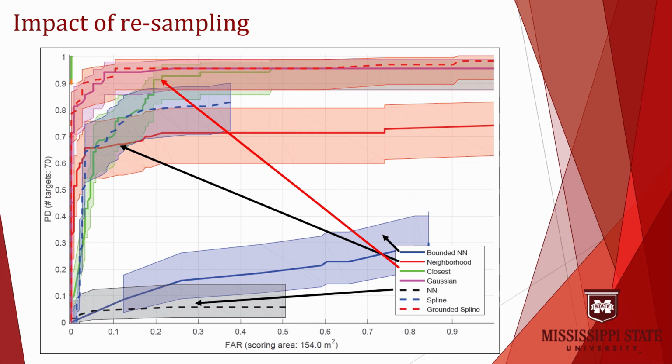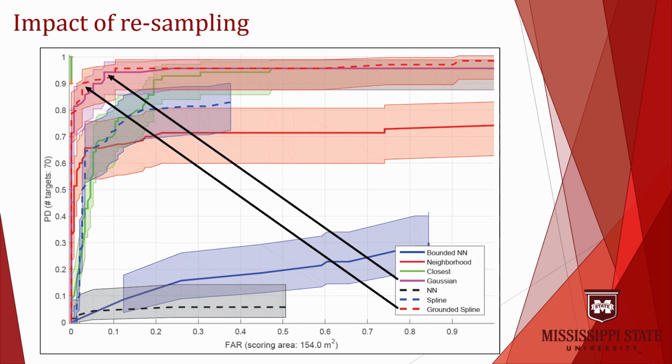Then we move to the Gaussian and the grounded spline. With the Gaussian, again, we can incorporate this notion of field of view in the sensor, and the grounded spline. They did comparable, though at the end the grounded spline did outperform the Gaussian.